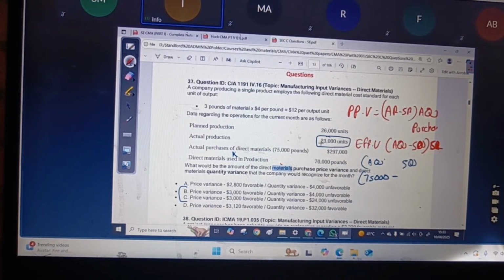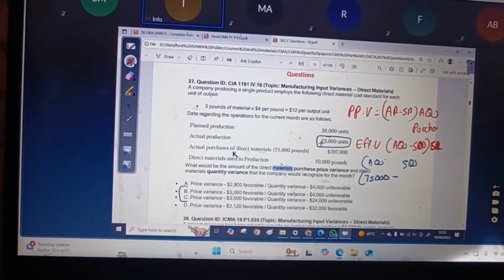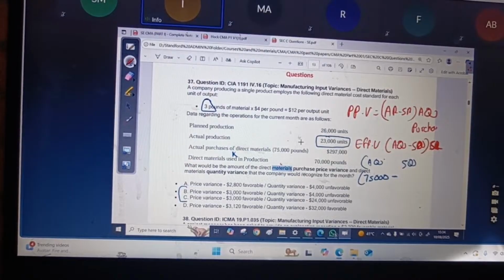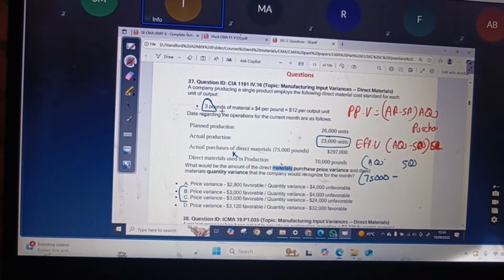Output. Standard quantity of input allowed for actual output: 3 into 23,000. That's it. 69,000. That is right.